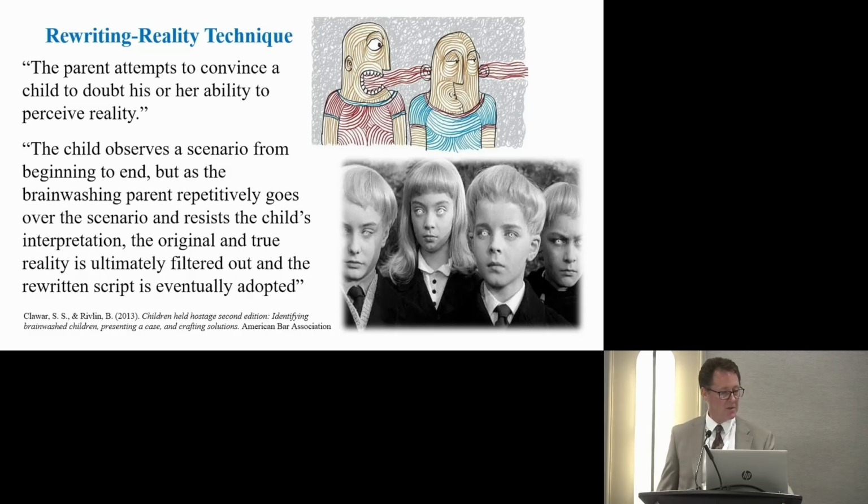The parent attempts to convince the child to doubt his or her ability to perceive reality, mostly through confusion. The child observes the scenario from beginning to end, but as the brainwashing parent repetitively goes over the scenario and resists the child's interpretation, the original and true reality is ultimately filtered out. The rewritten script is eventually adopted.